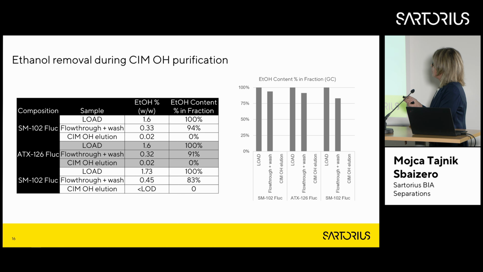When we calculate this on volume, because we also concentrate a lot during the chromatography, we see nearly complete removal of the ethanol in the elution fraction on the OH column. In some cases it is below the limit of detection or there is very little present. This is also shown on the graph: in the elution fraction, complete removal of the ethanol.